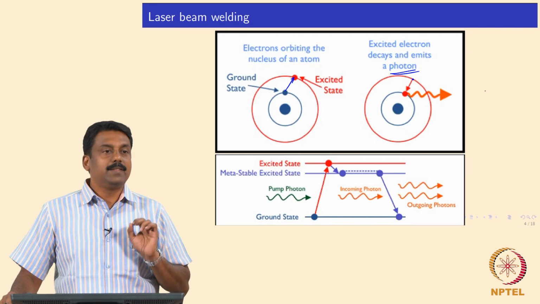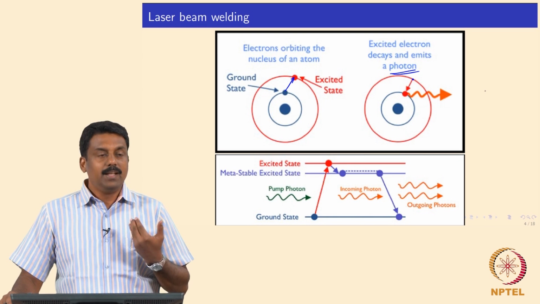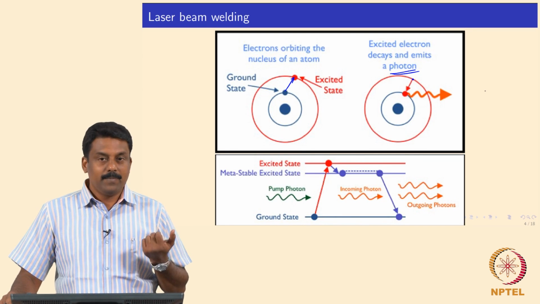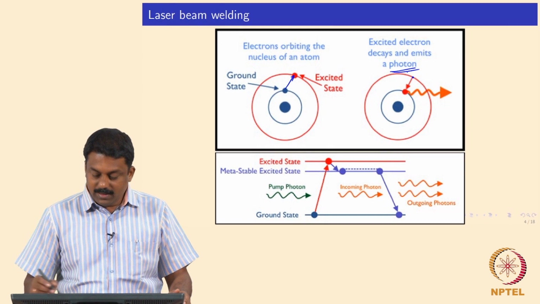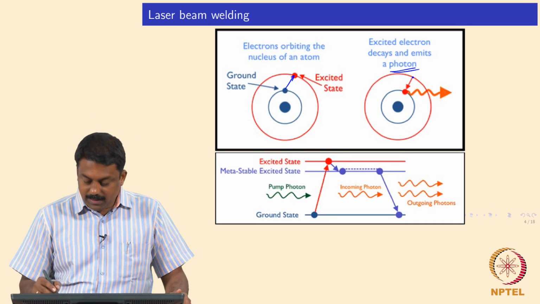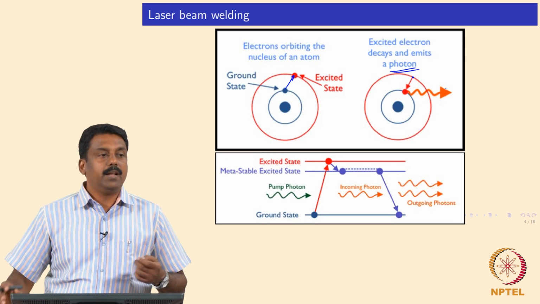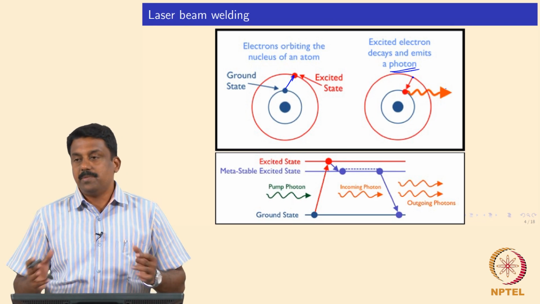During this process, whatever energy was absorbed by the excited electron is released in various forms. One of the forms is a photon. You may also get X-rays and various other things, but you may also get a photon released, and these photons, when released, can be made highly coherent by using special arrangements.